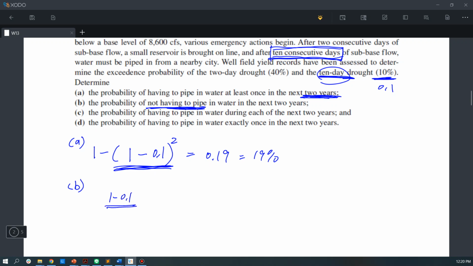That is the probability that you don't have to pipe in water in a year, and now we want to do it for the next 2 years, so we need to square it. This gives us 0.9 squared, which is equal to 0.81. That is 81%.